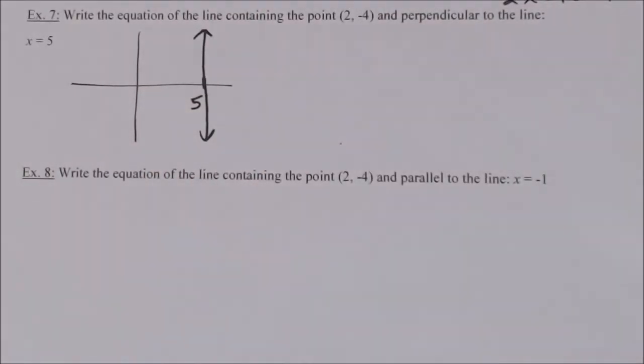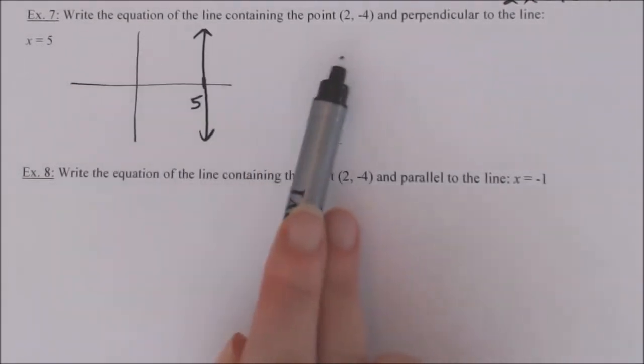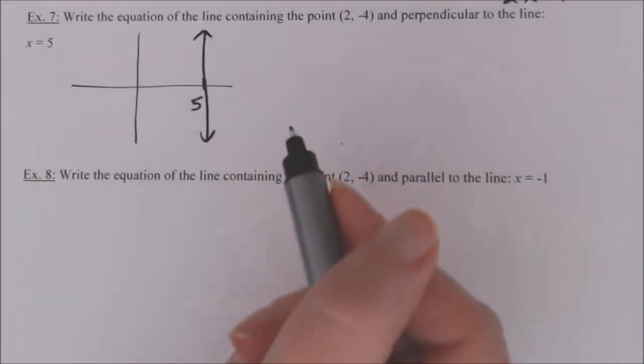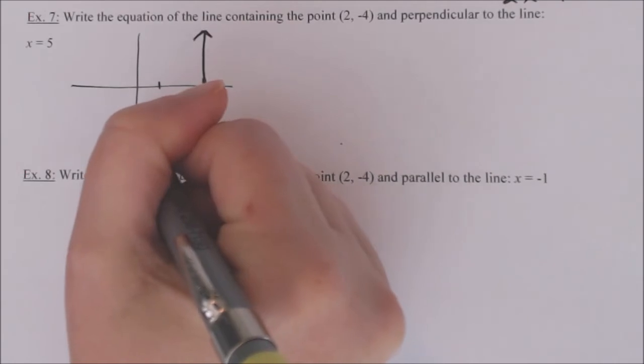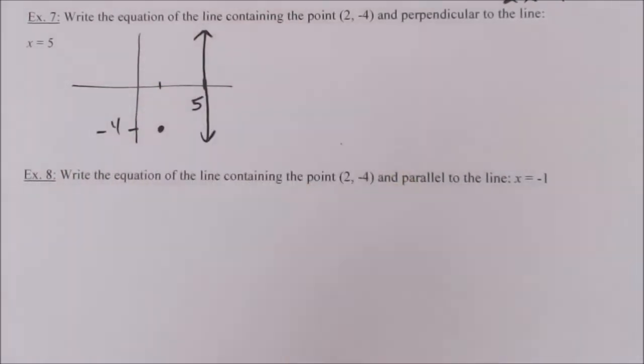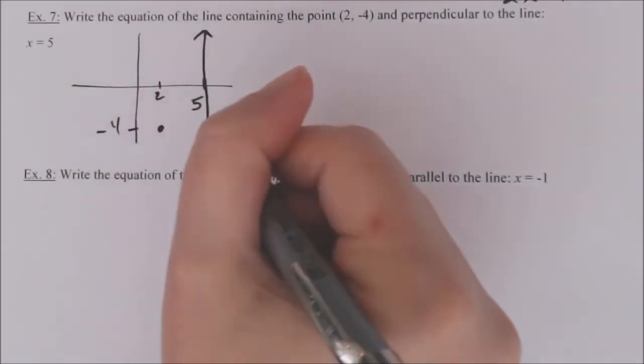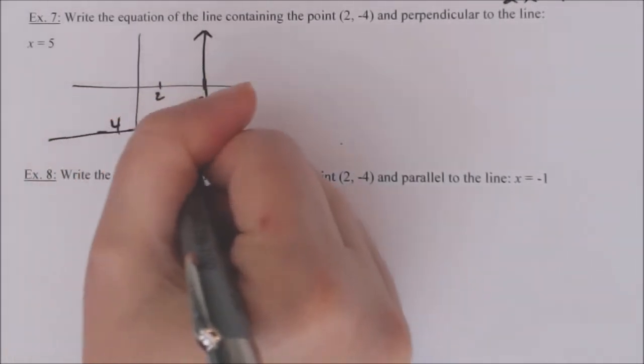So if we want a line that's perpendicular to it, think about what kind of line that would have to be. If it's perpendicular to a vertical line, then it would have to be what kind of line? And hopefully you're thinking horizontal, right? It has to be horizontal if it's perpendicular to that. So it's got to go through the point (2, -4), which is down here. So we just need something at that location that's perpendicular, which is horizontal.